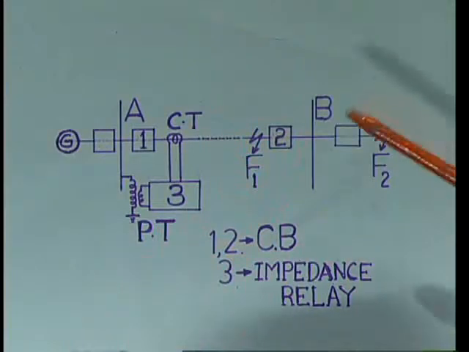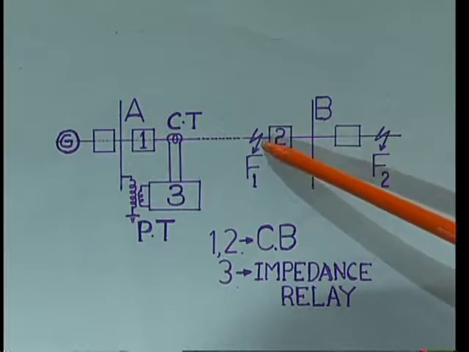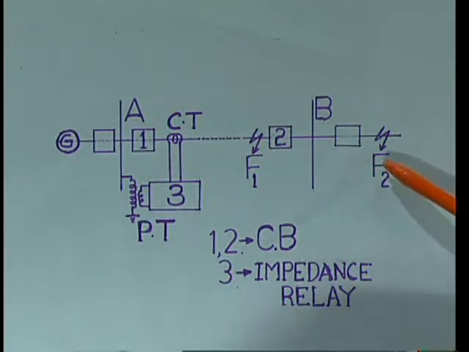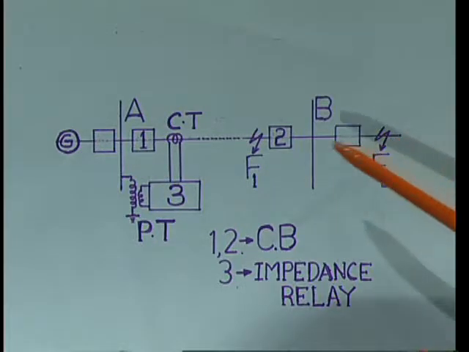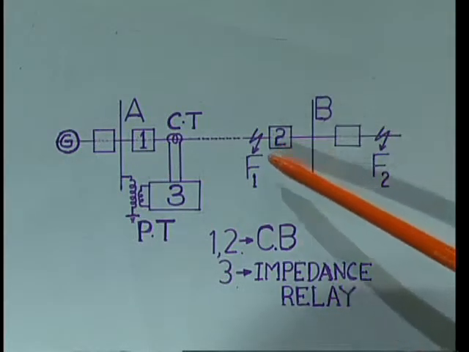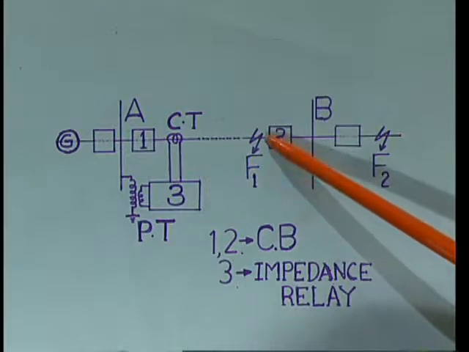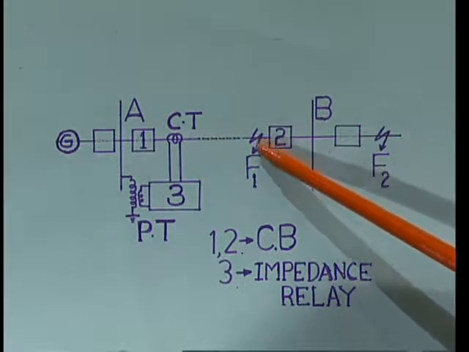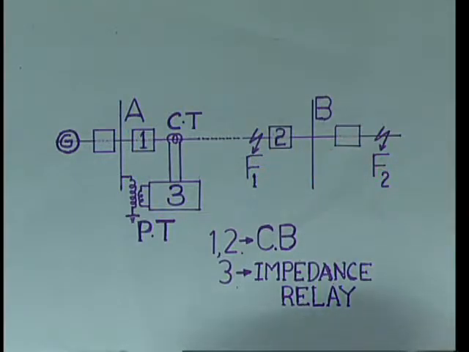Suppose, see in the figure, there is a fault. F1 is a fault within section AB, and F2 is a fault beyond section AB. Consider first the fault within AB.